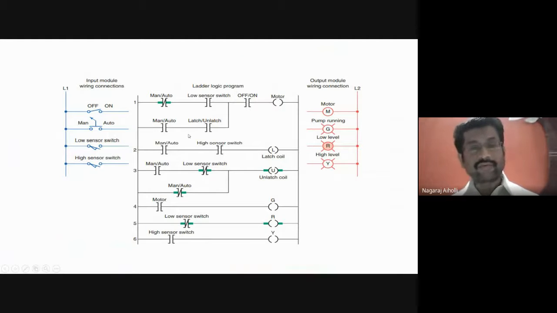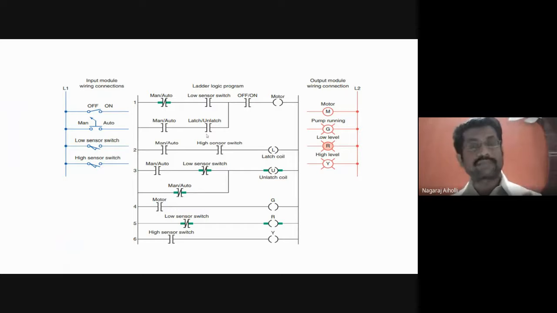Now, to know the importance of this parallel branch, we have to know the meaning of latch or unlatch. Latch means whatever output we have got is retained even after the switch is released. It should remain in the previous state, whatever was the energized or de-energized state.